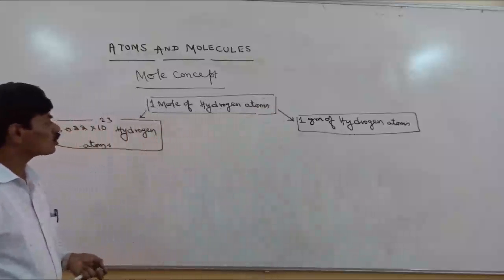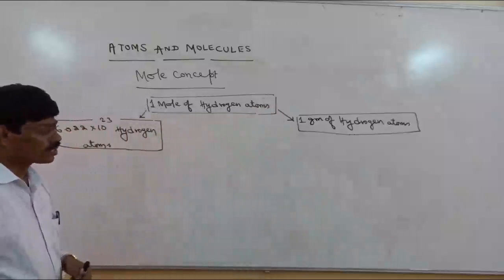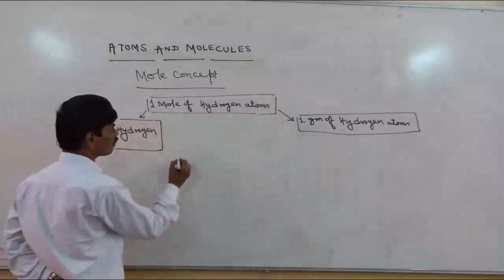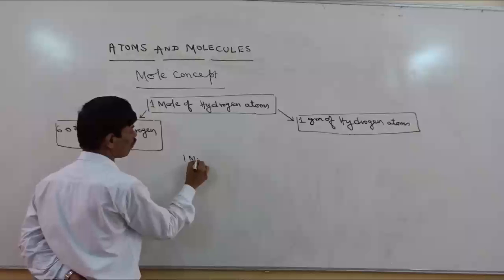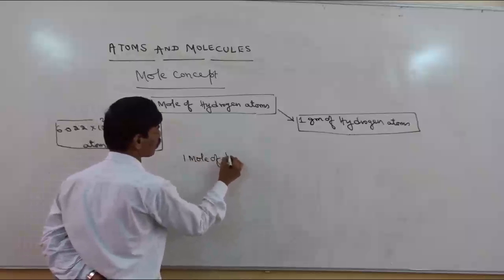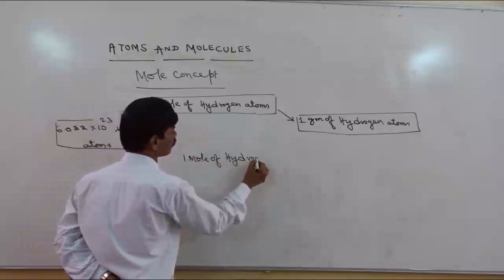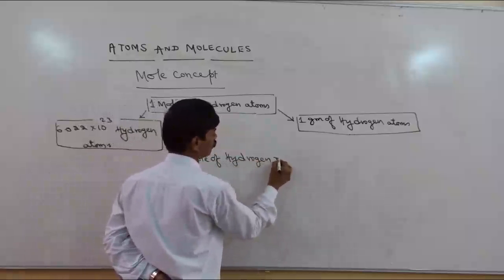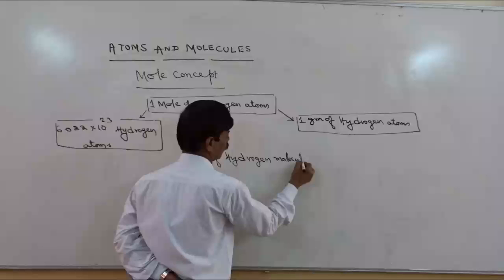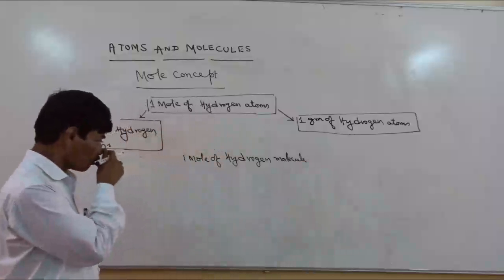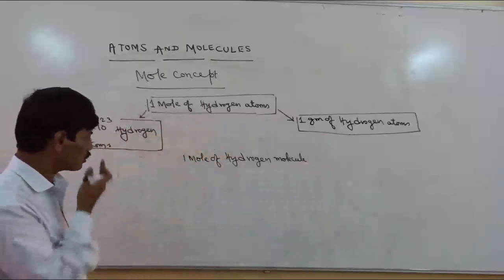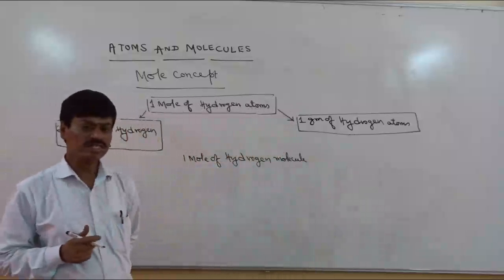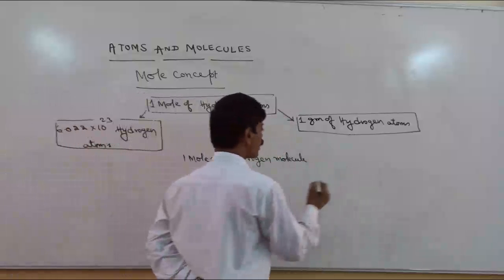Next, we will move to molecules. Element I will keep the same, but I will move to molecules. That is 1 mole of hydrogen molecules. Here the hydrogen molecule is H2, so the molar mass is 2 grams.